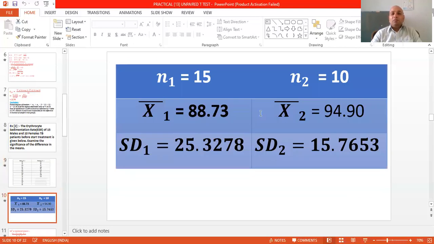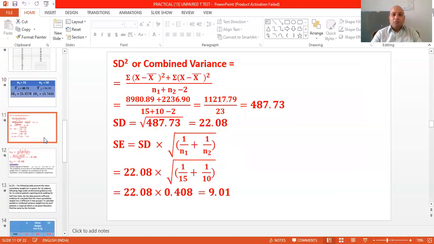Then n1 is equal to 50, x bar 1 is equal to 88.73, SD1 is 25.3278, then n2 is equal to 10, x bar 2 is equal to 94.90, SD2 is equal to 15.765.